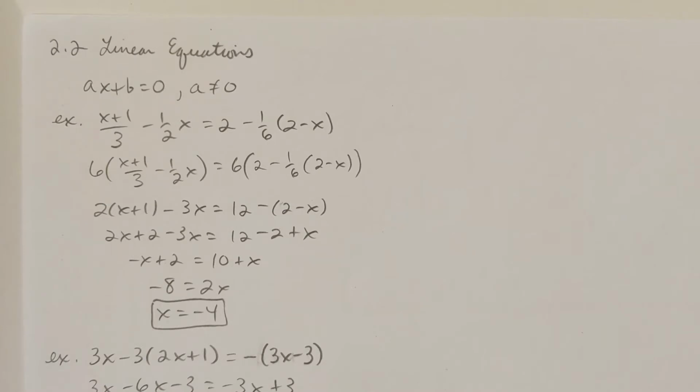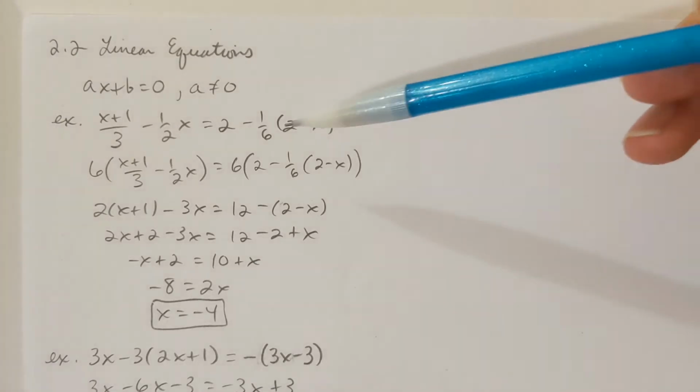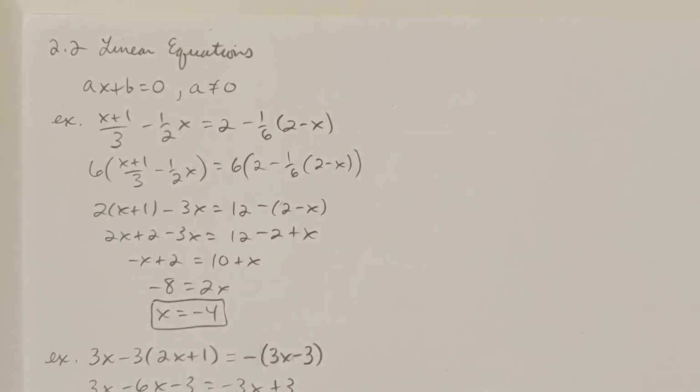As an example, suppose that I want to solve (x plus 1)/3 minus 1/2 x equals 2 minus 1/6 times (2 minus x). One thing that I could do is to get rid of the fractions on the three terms.